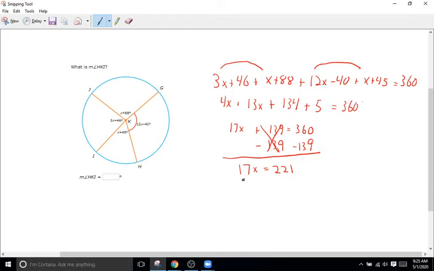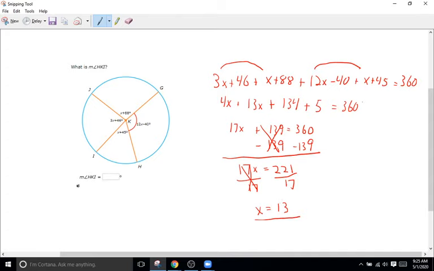And then we just divide both sides by 17 to get x by itself. So we have x equals 221 divided by 17, which is 13. So x is going to be 13.